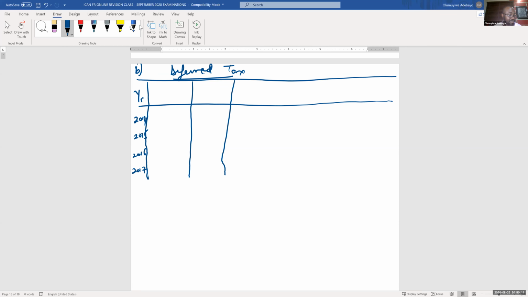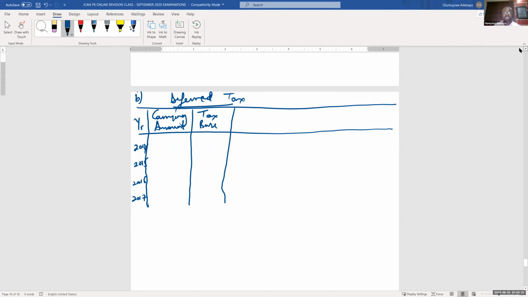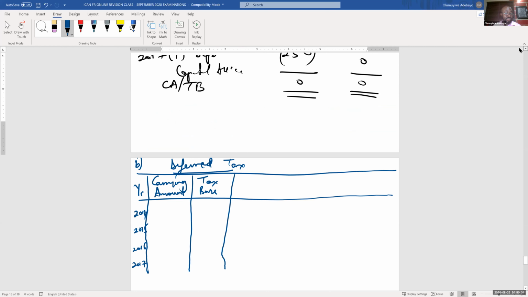Can anybody answer? Carrying amount and tax base. Which means I need the carrying amount and I need the tax base. Can you recall that in our notes or workings, we are able to obtain carrying amount and tax base?